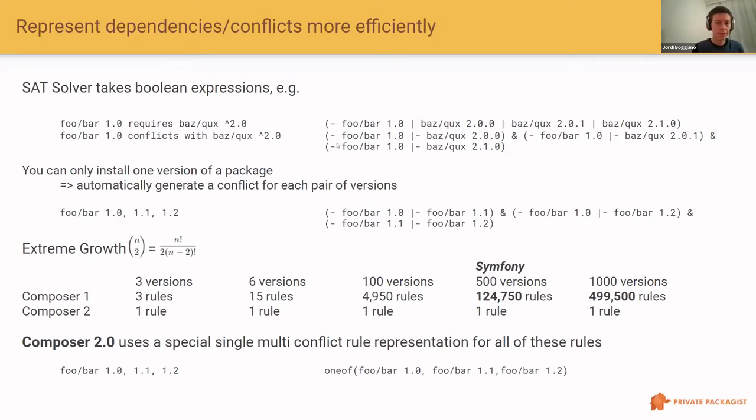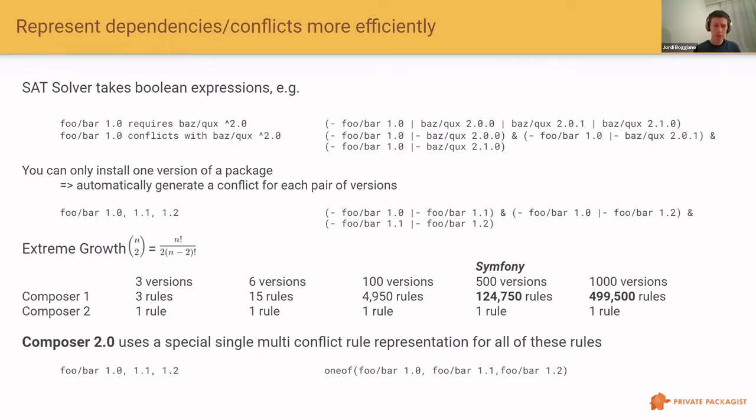These are fairly simple rules, but then the main issue comes up with this one, where when you require foobar in any version and you have 3 versions of foobar available, we have to create 3 conflict rules that each exclude one version or the other from being installed together.